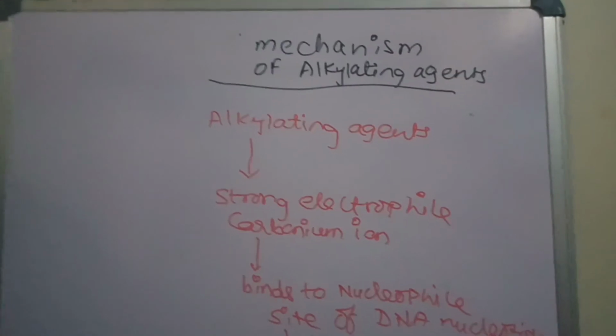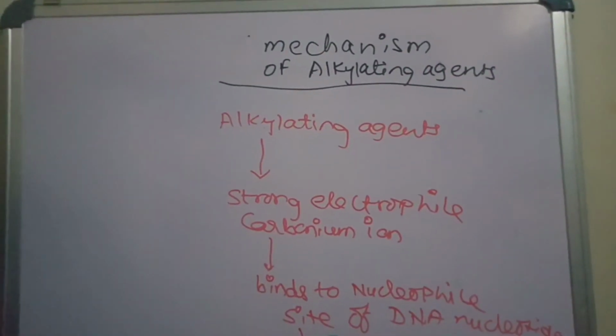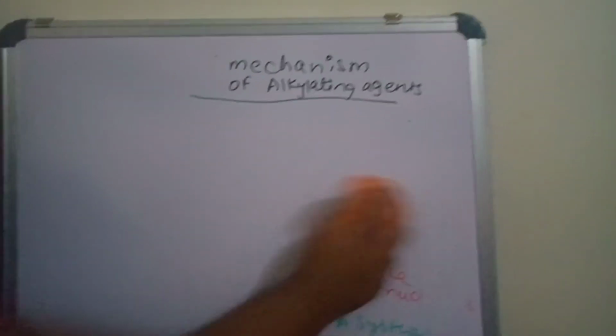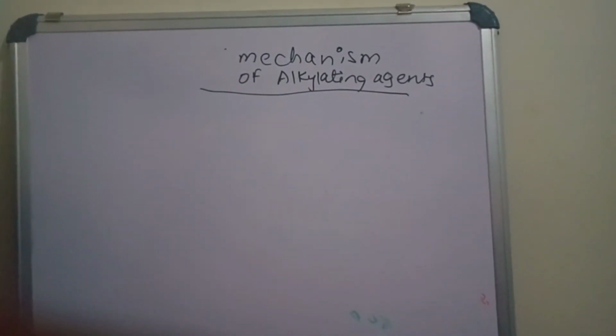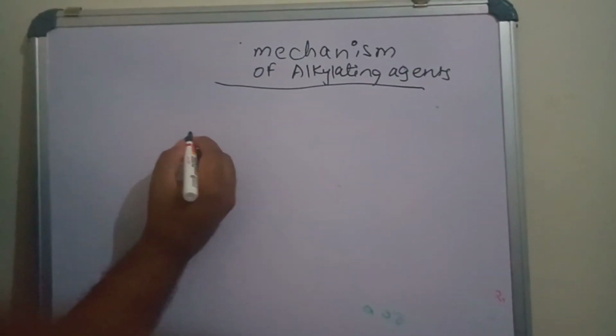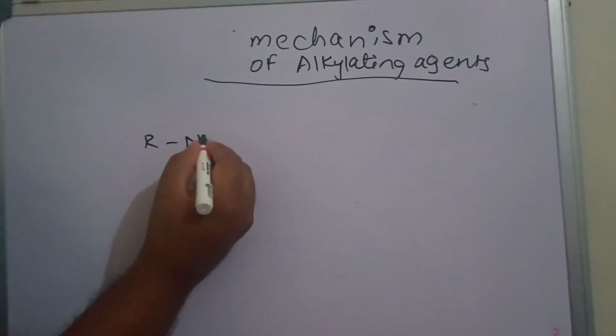What we relate is a general mechanism, but it is not exactly like that. When you see the chemistry-related mechanism of how they actually bind, you know that in all alkylating agents there is a structure like this.